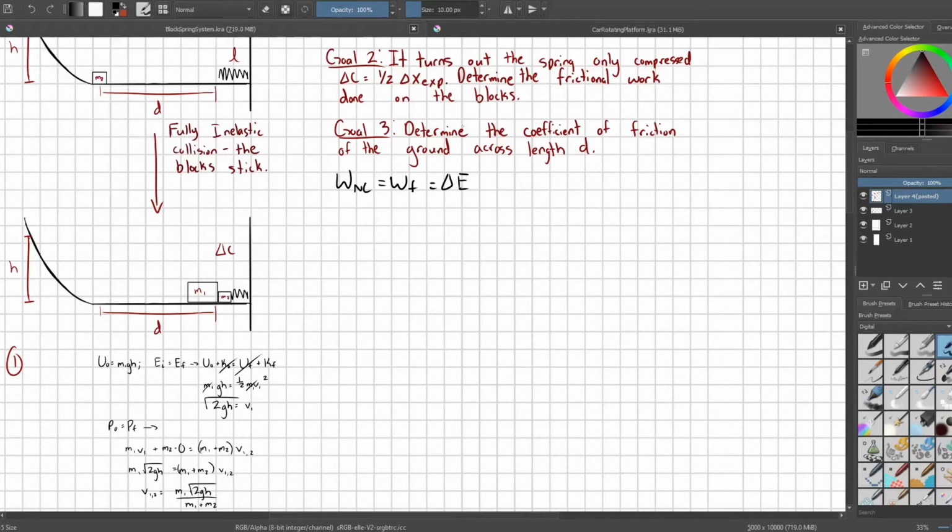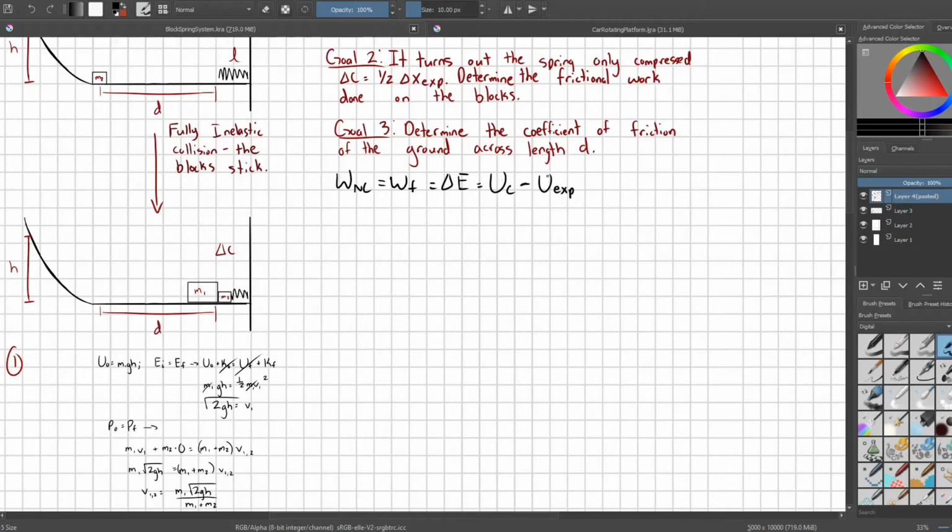Now, that change in energy we can find by taking the difference between the potential energy that we got, right? So I'm going to call this UC, minus the potential energy that we expect, which I'm going to call U expected.